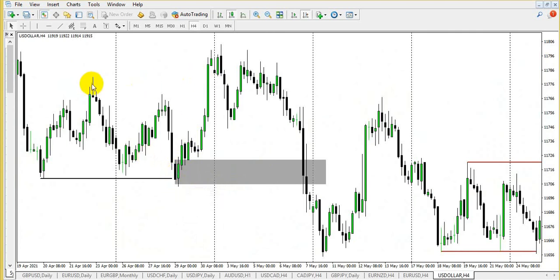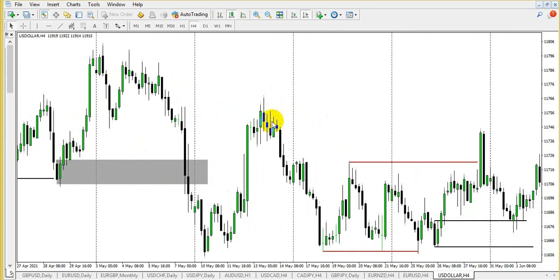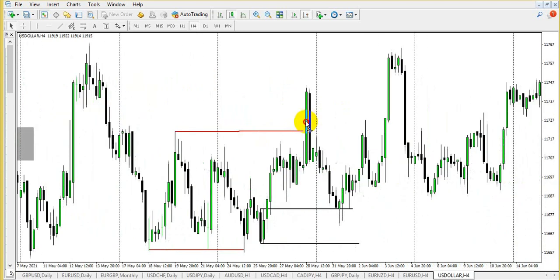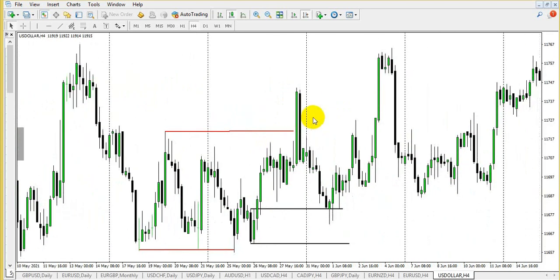When I say wick, I mean this tiny line above the candles. Those are what we call wicks. Wicks identify the presence of the market, where the market has reached out before coming down later. You understand? So that's that about liquidity grab or stop hunt.